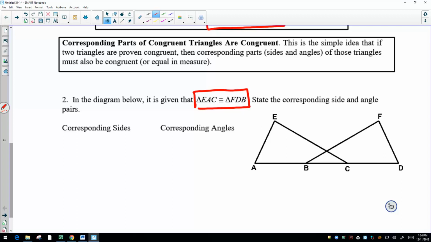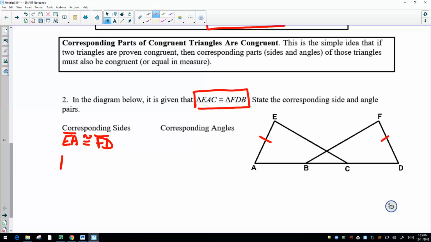So first, the corresponding sides. A real easy thing is if I look at this mapping and take two letters to make a side, let's say for instance the first two letters, EA, that will automatically correspond to the first two letters of the other triangle, FD. So on my picture I can see EA and FD, those are corresponding parts.